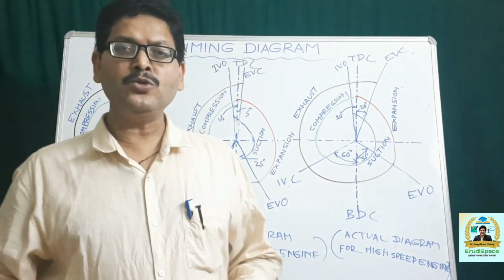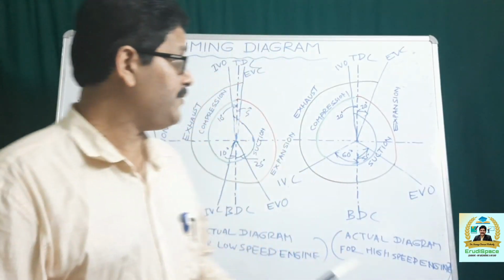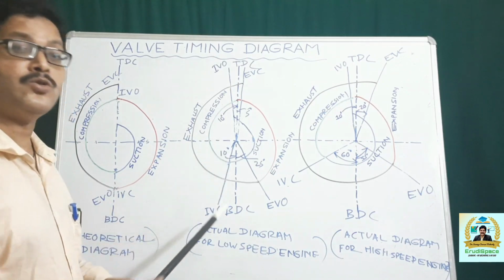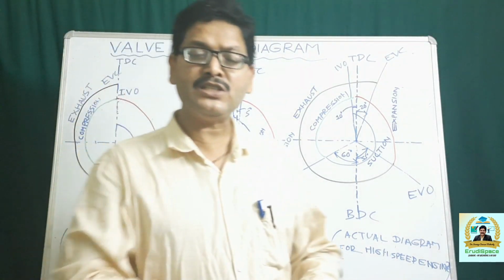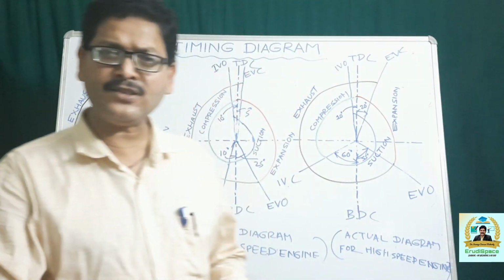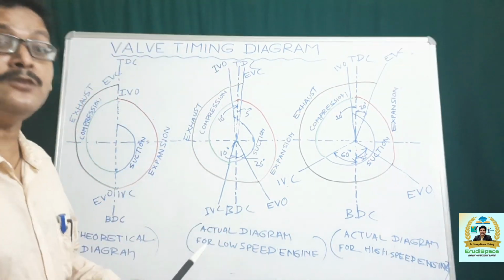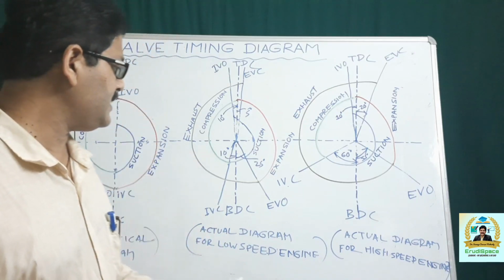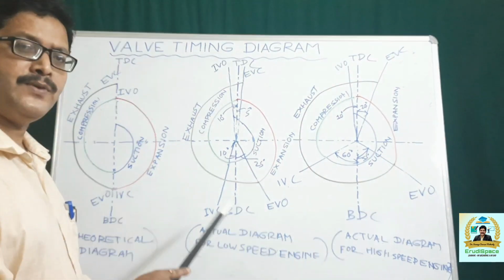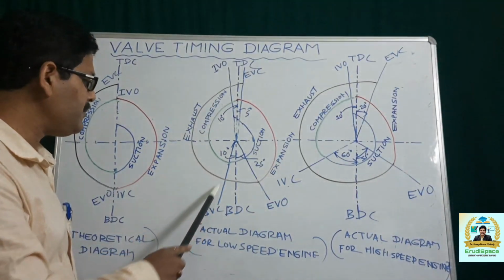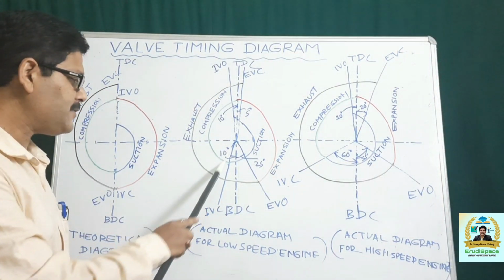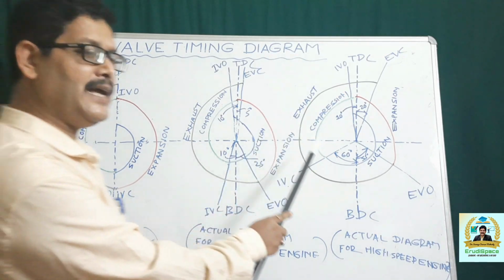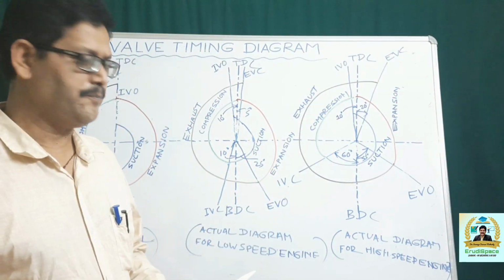Because due to inertia, even after the suction stroke, during the compression stroke also, the charge or the air, as the case may be, is admitted in the system due to inertia. So for that reason, to take the advantage of this factor, it is closed few degrees after the BDC, both in case of low speed engine as well as high speed engine.